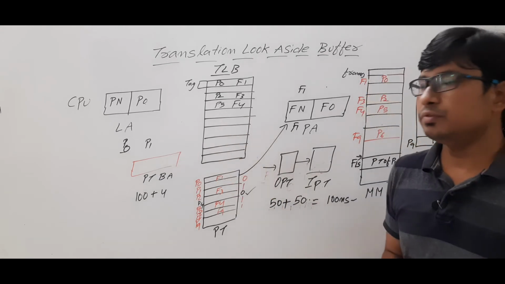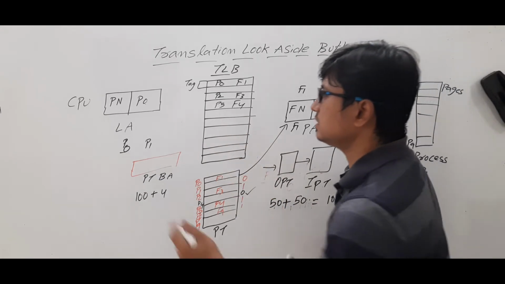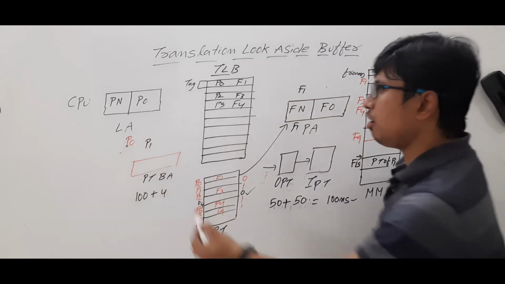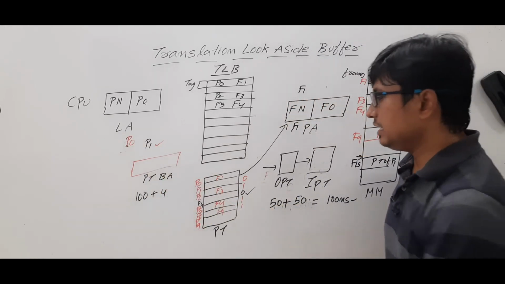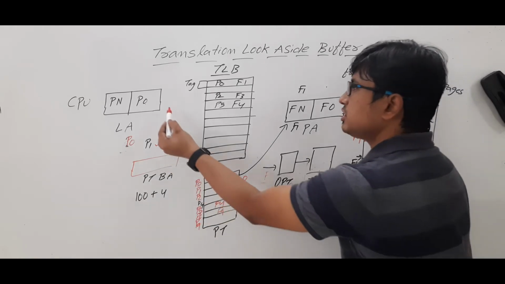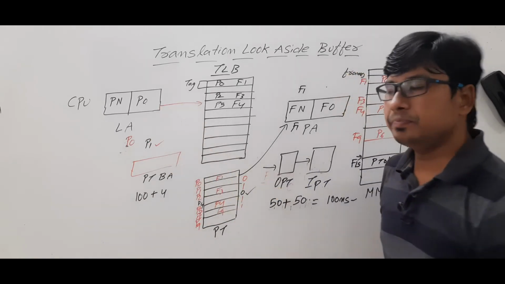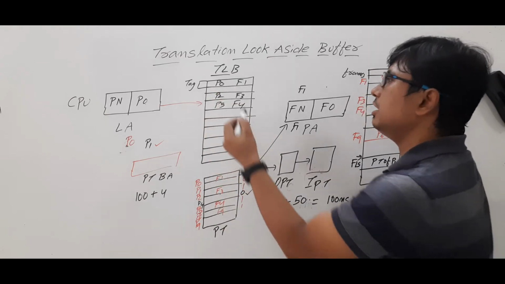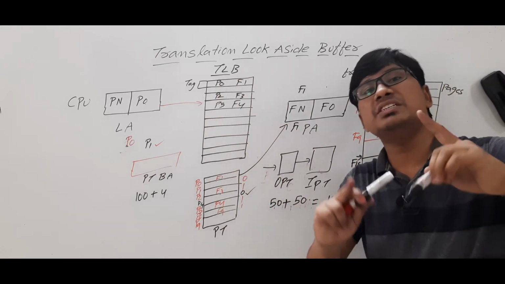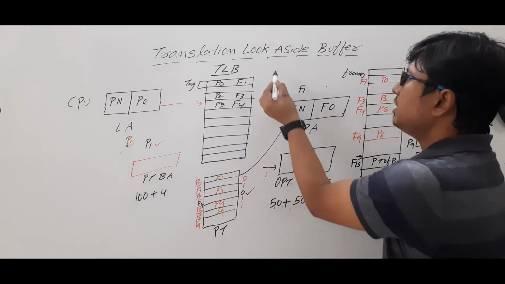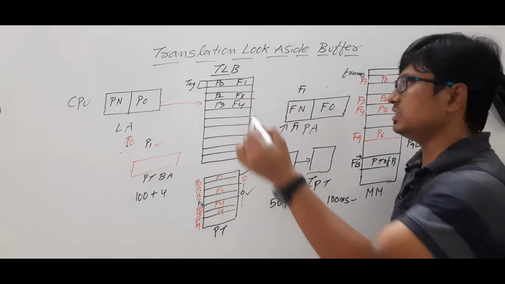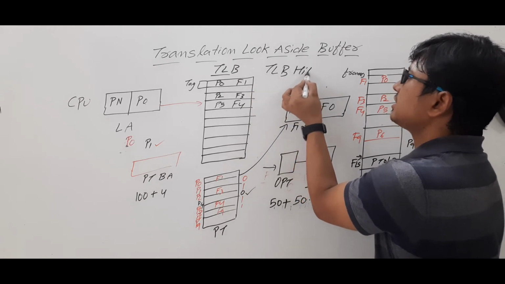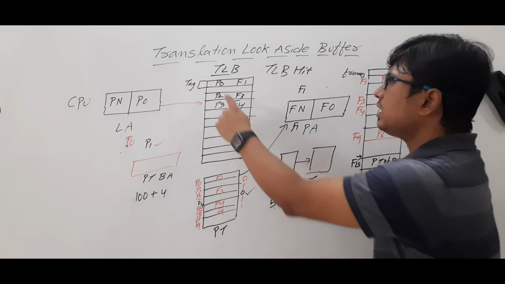Now what we usually will do is, let's consider that the CPU is trying to access the page number 0 of process P1. Then instead of searching the page table, first it will search in the TLB. Now in the TLB, page number 0 information is available. Is it clear? So if the information whatever you are searching is available, then we'll call it a TLB hit. What information is it saying?